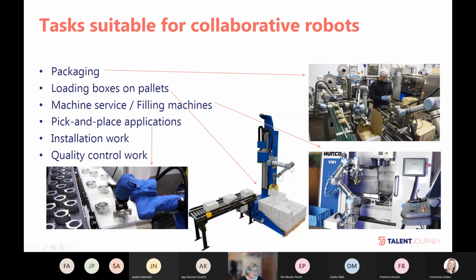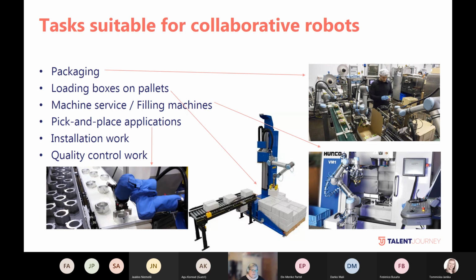Different kinds of pick and place applications and different kinds of installation work are also suitable tasks for collaborative robots. And in fact, in all of these tasks, the collaborative robot can do quality control at the same time. Connecting a machine vision system to a collaborative robot is usually quite simple. And many collaborative robots already have integrated machine vision.